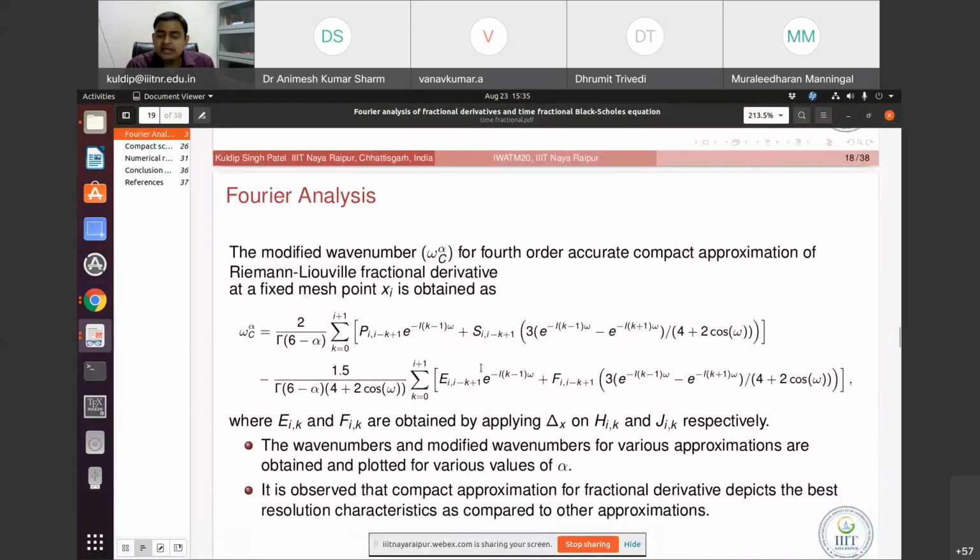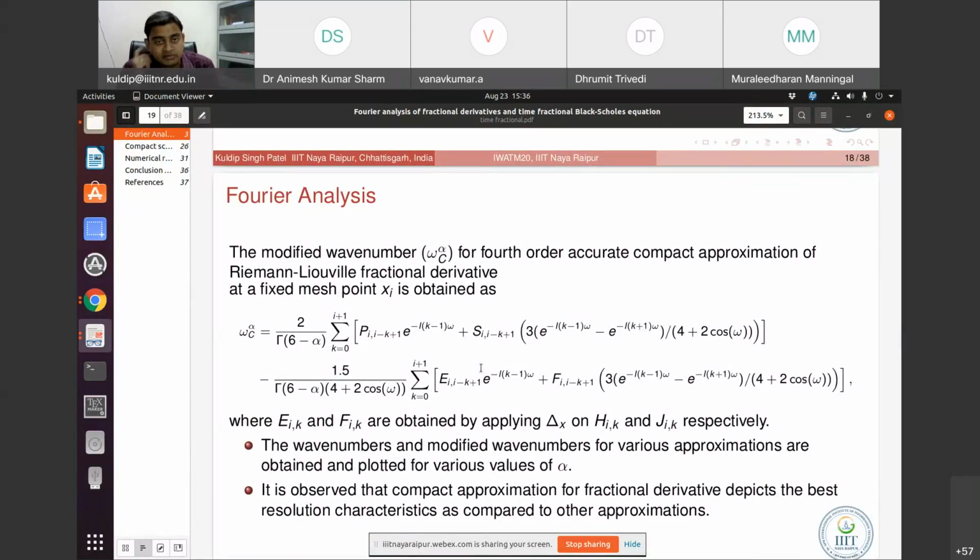What we did was calculate four approximations: two second order accurate, two fourth order accurate. I have not derived the second order accurate approximations for Riemann-Liouville, which already existed in the literature, and we took them from there, but Fourier analysis was not done, I'm pretty sure.